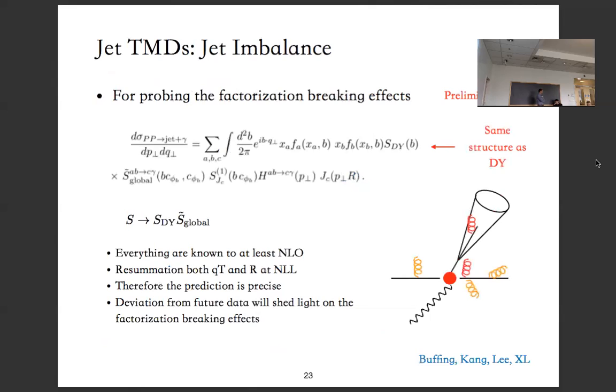I have an observation. I have slides to show that would probably explain it better. But I'm a bit puzzled by the fact that the soft function here is independent of the value of the jet radius. Well, this guy depends on the radius of the jet. So the soft radiation there is the radiation outside the jet or inside the jet? Well, for this one, it's just collinear. It can be outside and it can be inside.